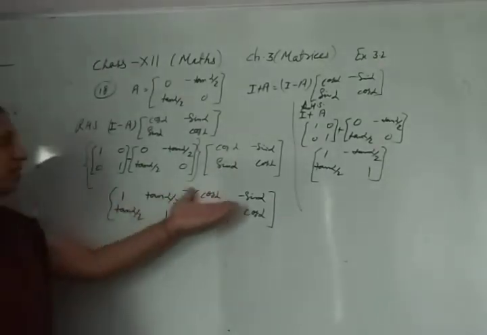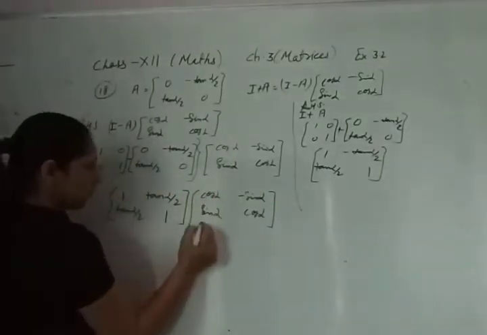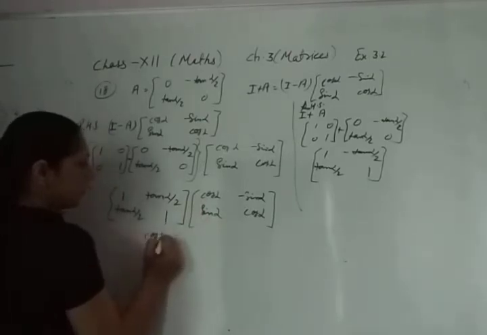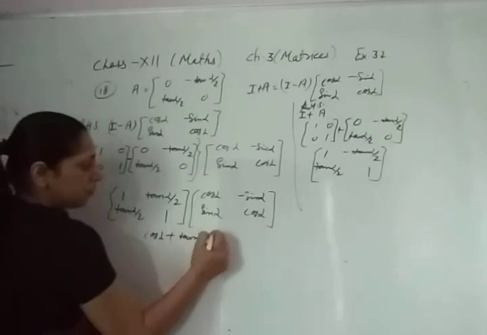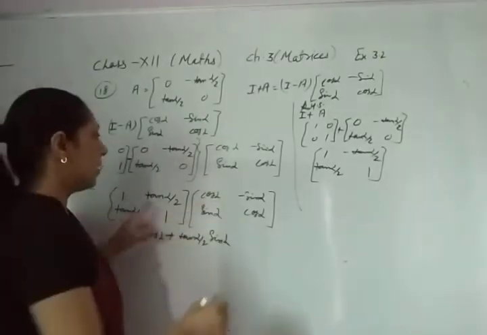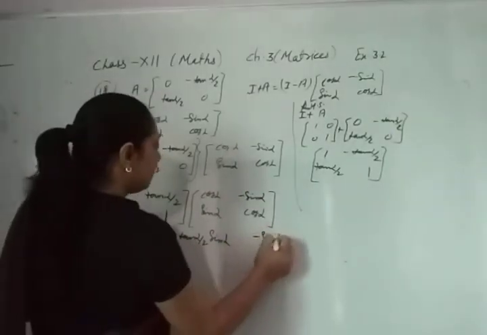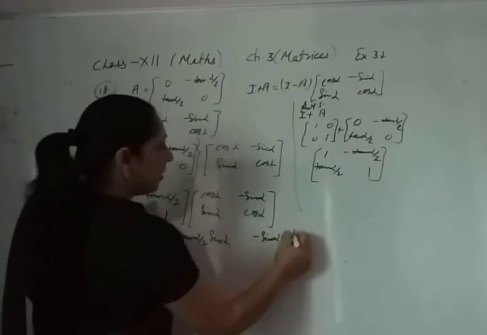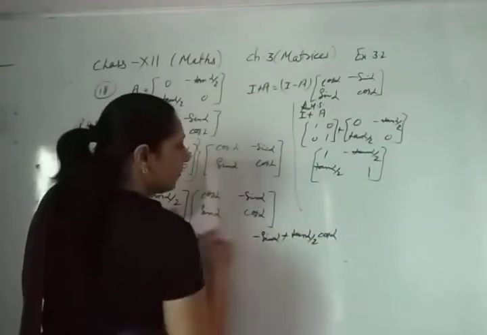Now multiply these two matrices. First row, first column, it's cos alpha plus 10 alpha by 2 sin alpha. Now first row, second column, minus sin alpha plus 10 alpha by 2 into cos alpha.